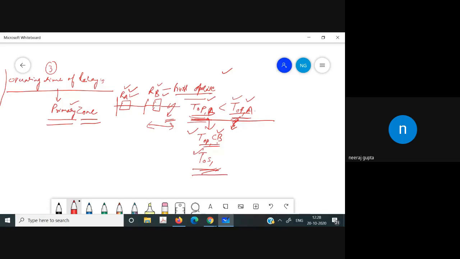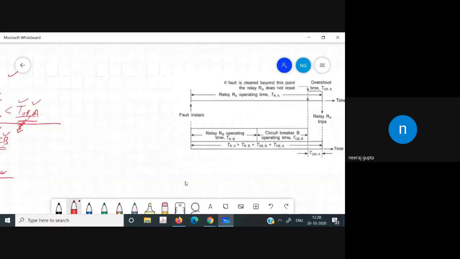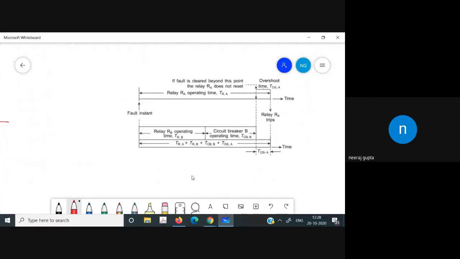Now this can be explained by this small diagram. Let us suppose that this is the relay operating time of RB. Then we have the circuit breaker time, CB, and then we have the overshoot time.